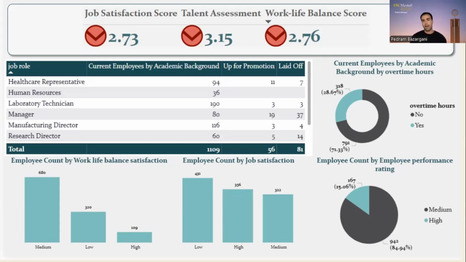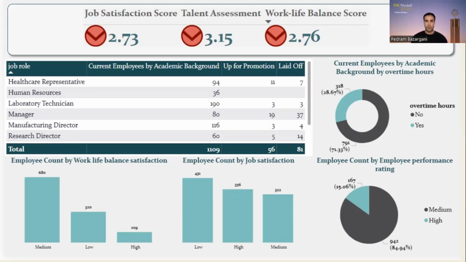Now, to the right of that, we could see current employees by academic background, by overtime hours. And as we can see here, there's a significant number of employees who are working overtime hours. And right below that, we could also see the employee count by employee performance rating, where there are a lot of employees who have a medium ranking.